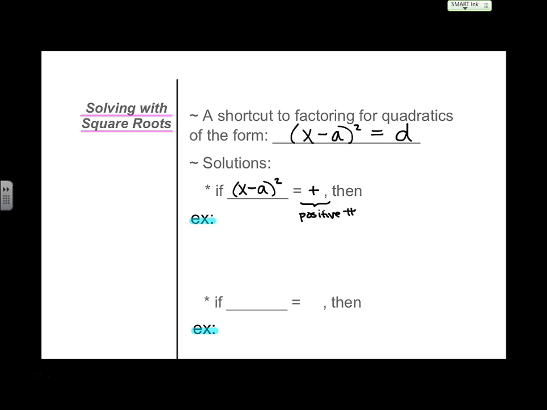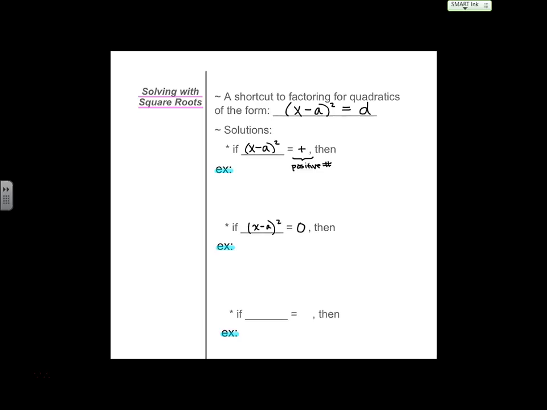This gets a little tricky, even though some of you understood what we were doing yesterday. But if you notice, even though the left side is different, the right side is the same as what we were talking about in our warm-up.